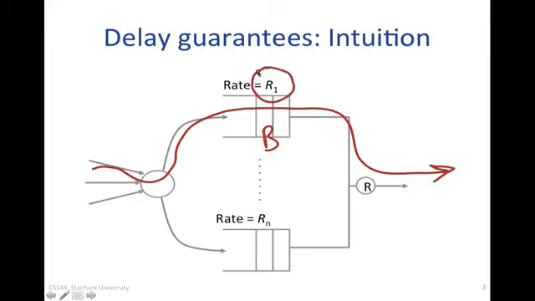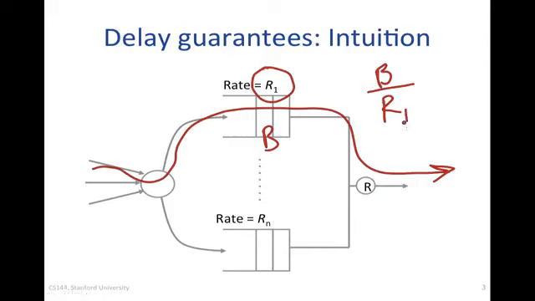Then I know the maximum delay that a packet can encounter through this router. Because WFQ, weighted fair queuing, that we saw in the rate guarantee video, gives me a rate R1, and then I can simply say that the delay through this router will be bounded by the size of the buffer divided by R1, the rate that it achieved.